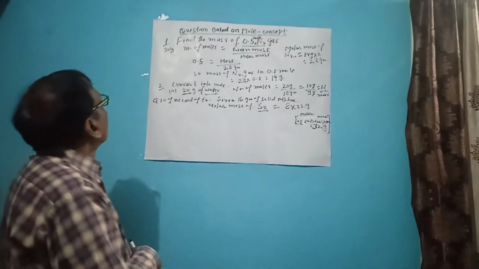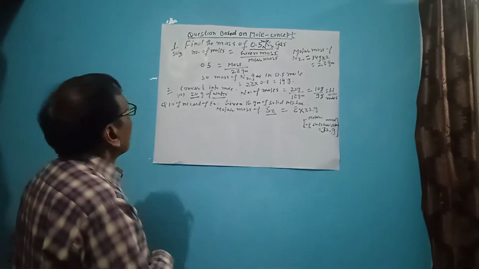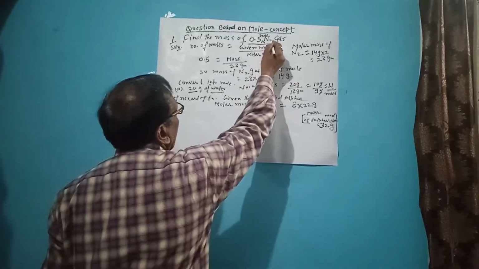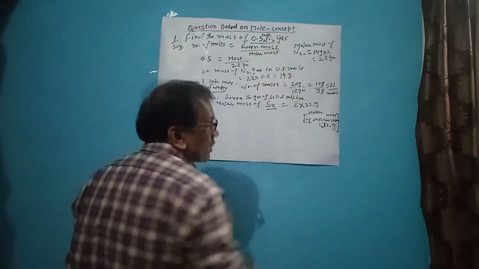In the first question, find the mass of 0.5 mole of N2 gas.